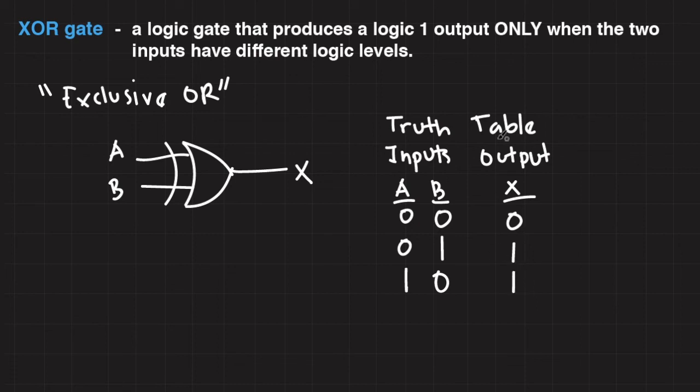And finally, if both inputs are logic 1, since they don't have different logic levels, this will result in an output of logic 0. The operation of the XOR gate can be represented by the equation X is equal to A XOR B.